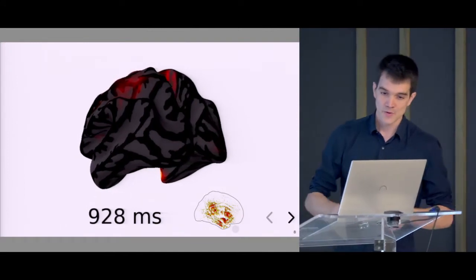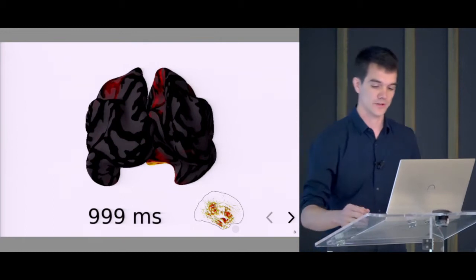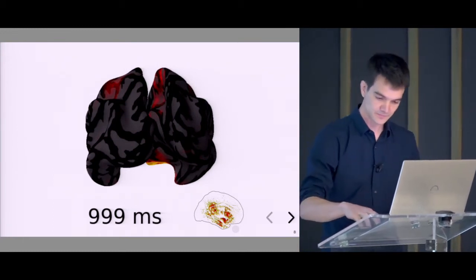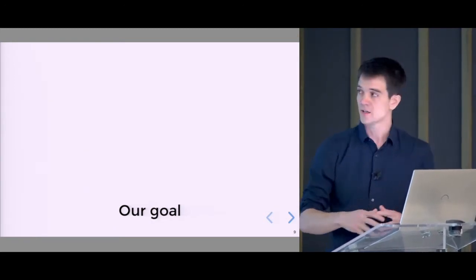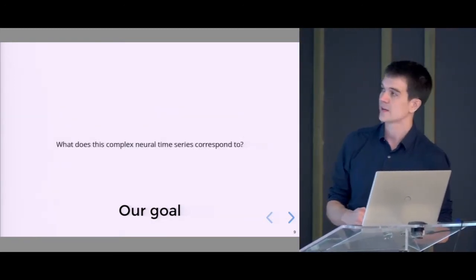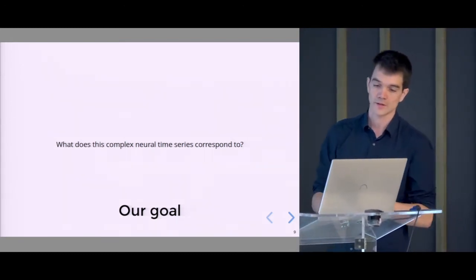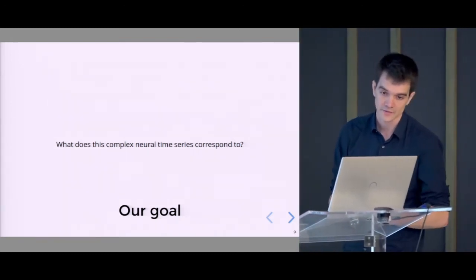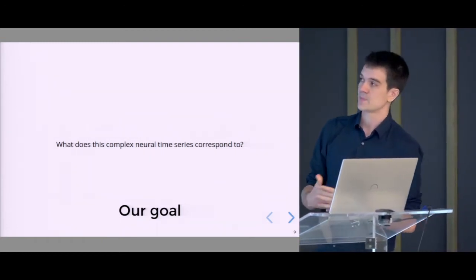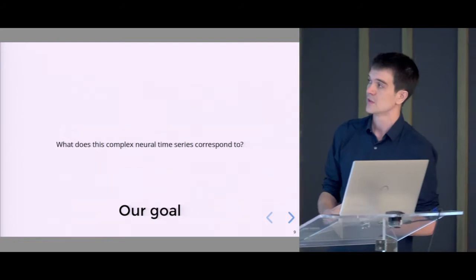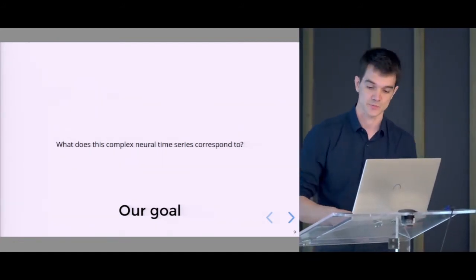Okay? So we have this super cool tool, neuroimaging, which allows us to unravel, in both time and space, within each subject, what goes on in the brain. But this is a pretty complicated signal. This is a very dense neural time series. The whole goal of my research, and in fact the goal of many of us in cognitive neuroscience, is to develop experiments, tools and models to understand what this complex neural time series actually corresponds to.